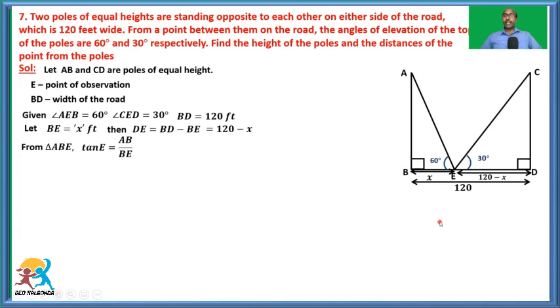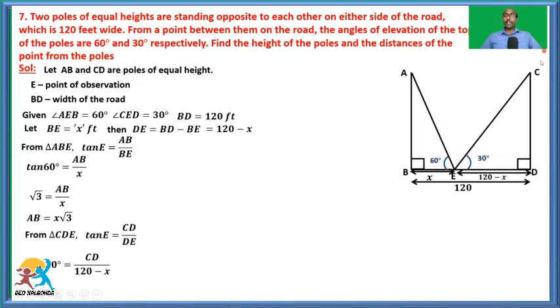Okay, so tan E is equal to AB by BE, that is tan 60 is equal to AB by x. So root 3 is equal to AB by x. AB is equal to x root 3. And now from triangle CDE, tan E is equal to CD by DE. That is tan 30 is equal to CD by 120 minus x.